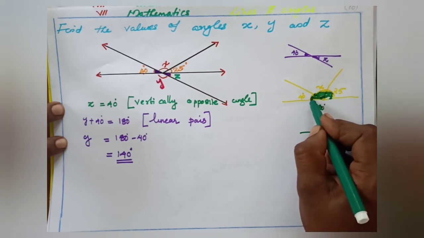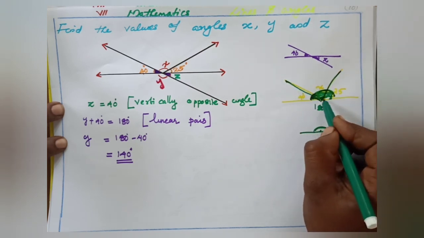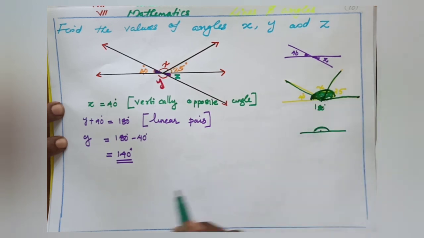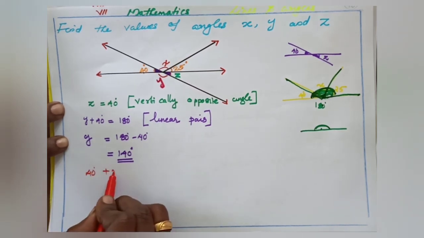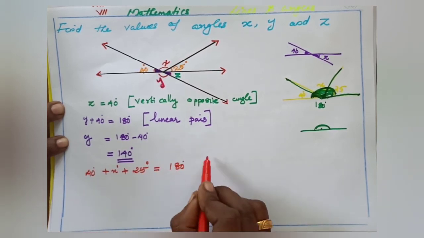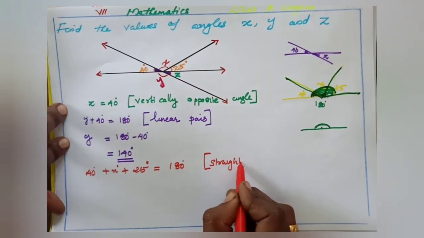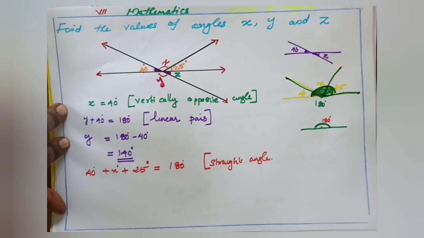So we get 40 degree plus x degree plus 25 degree equal to 180 degree. They form a straight angle, total measure is 180 degree.